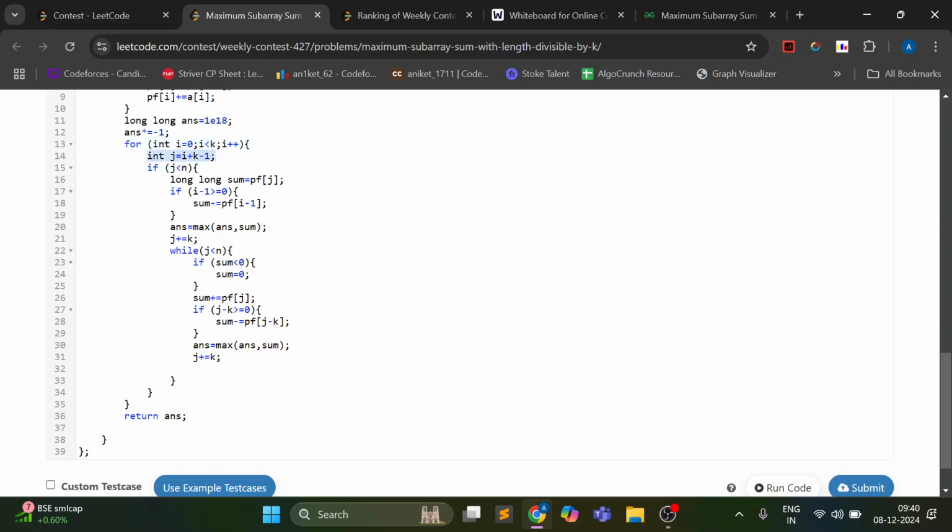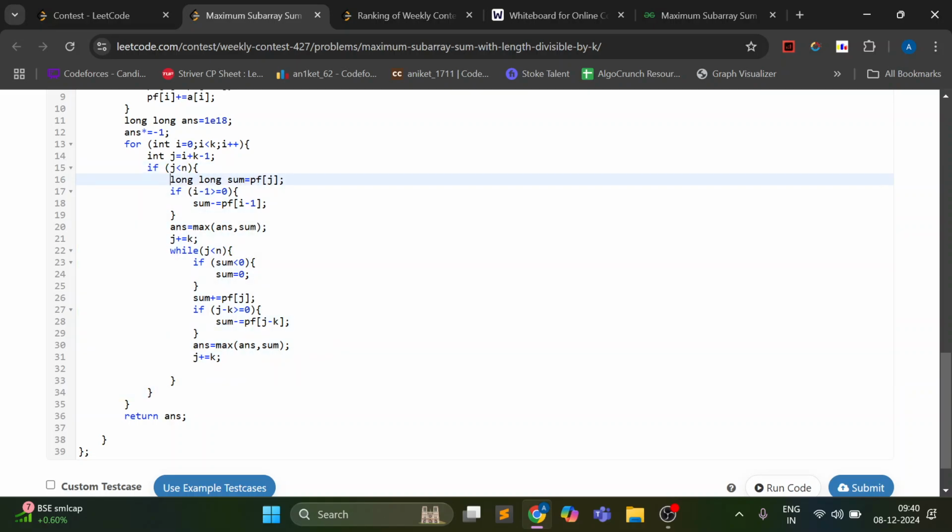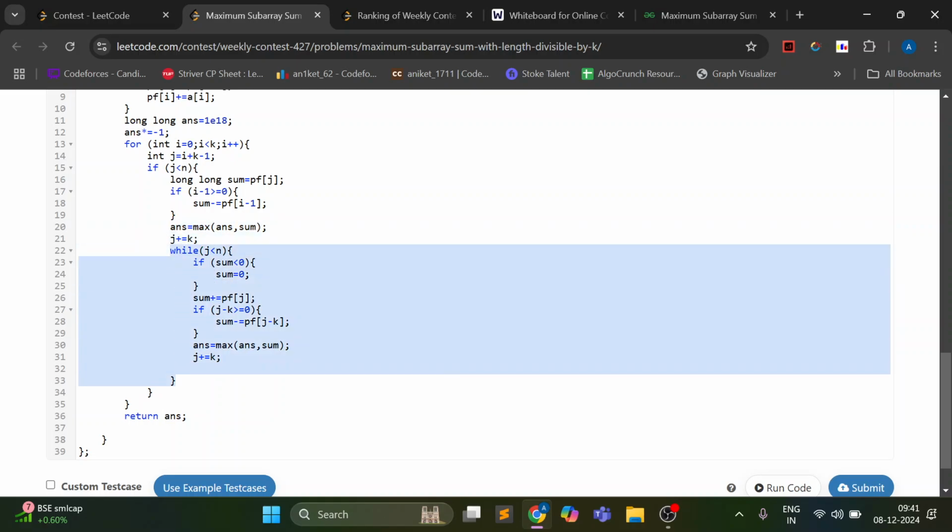This i is our start, j is our first partition's end, and then we check if j is less than n, which means there is at least one partition. We will start from that partition. So this is the sum of the first partition. We'll take its max with the answer, then increment j. Now from here we will start with the second partition.